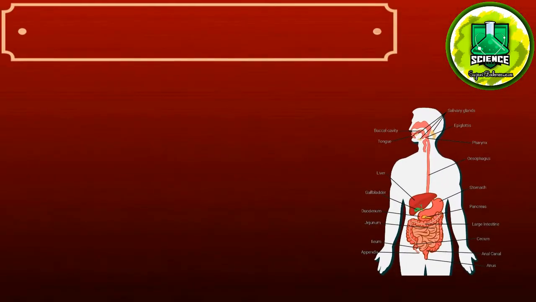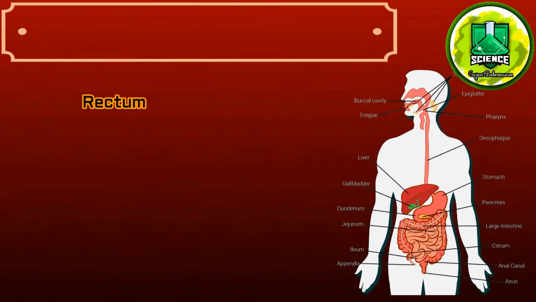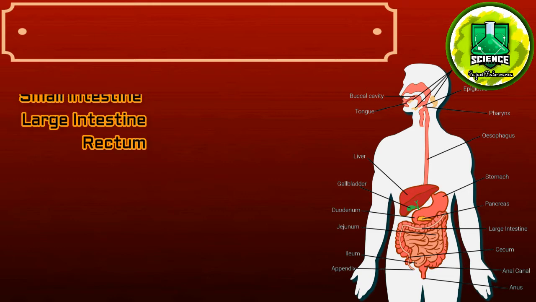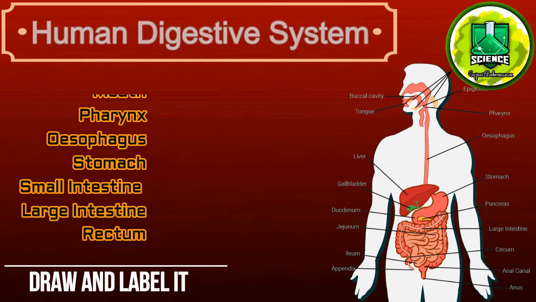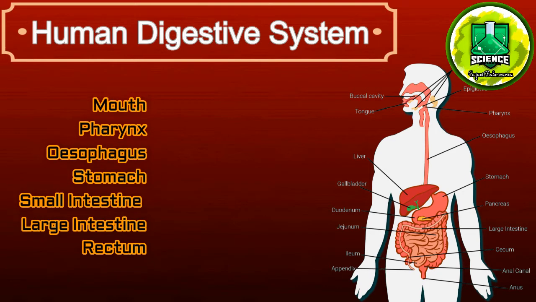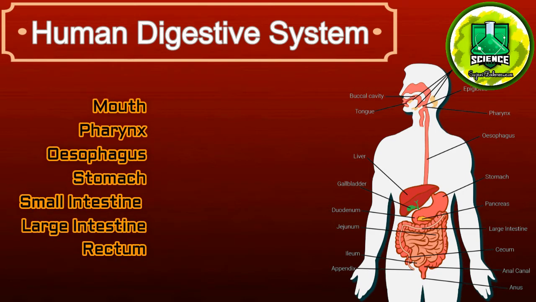We need energy for our different biological processes. Energy is obtained through the food that we take into the body. This food contains nutrients such as carbohydrates, lipids, and proteins. They are large organic molecules.